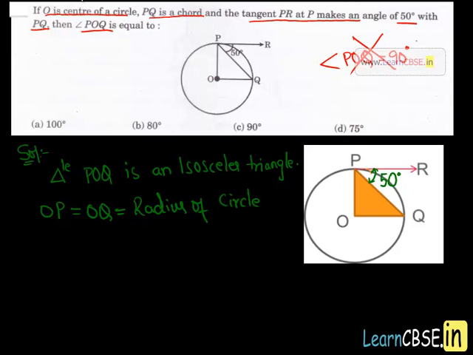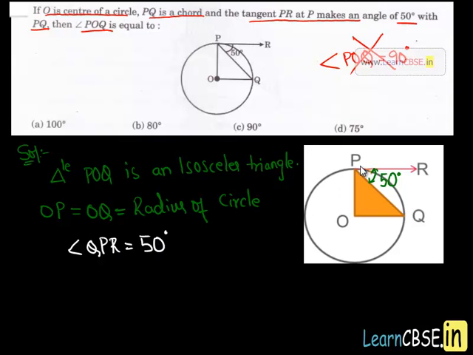Therefore, the triangle POQ is an isosceles triangle. It is also given that the tangent PR at P makes an angle 50 degrees with the chord PQ. So we have angle QPR is equal to 50 degrees.